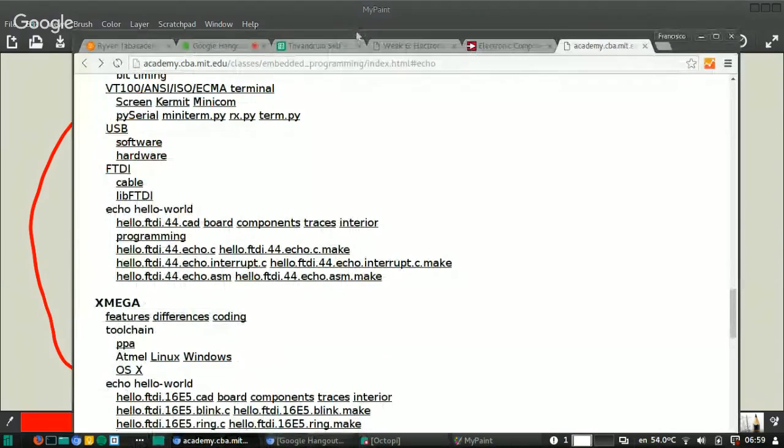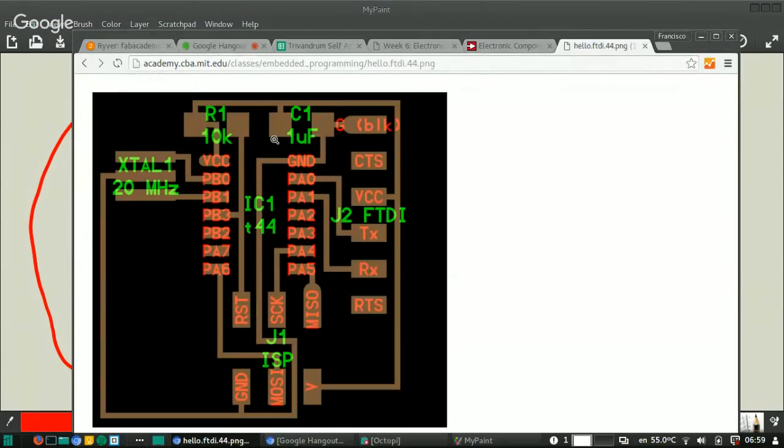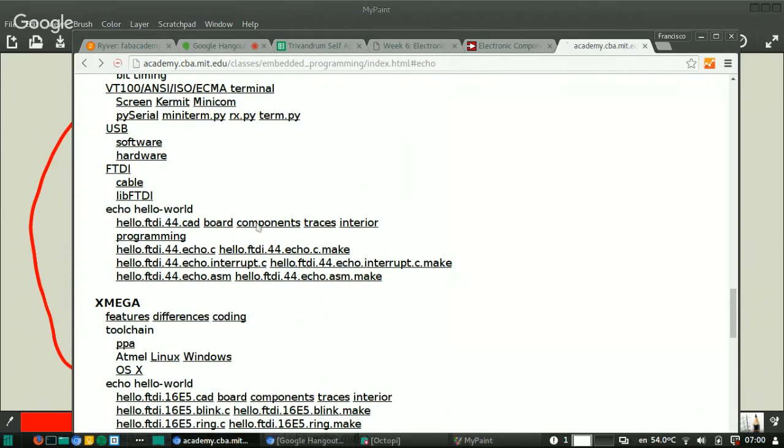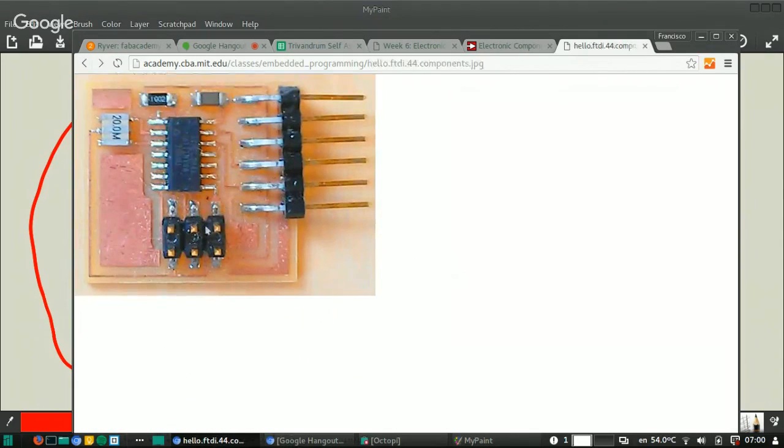So the power source, I mean, this is the hello board. Okay. Yes. And you don't understand why is this capacitor. What we have here, we have one FTDI connector. We have one connector that goes to some pins in the microcontroller.